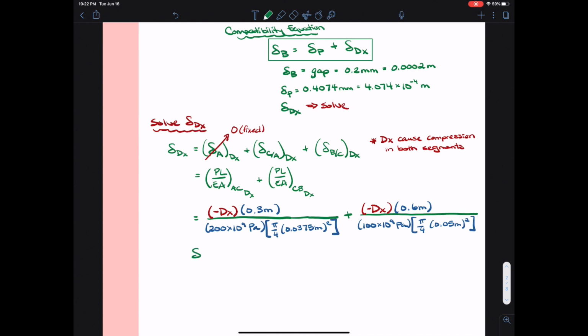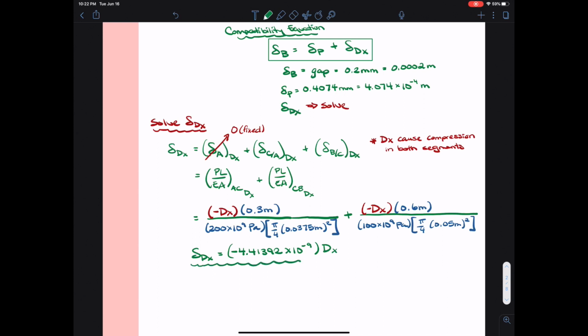All right, so that's a lot of numbers, but don't be scared by the algebra. We can now solve for delta dx in terms of the reaction dx. And so if we go ahead and solve that, we will get that delta dx equals negative 4.41392 times 10 to the minus 9th times dx.